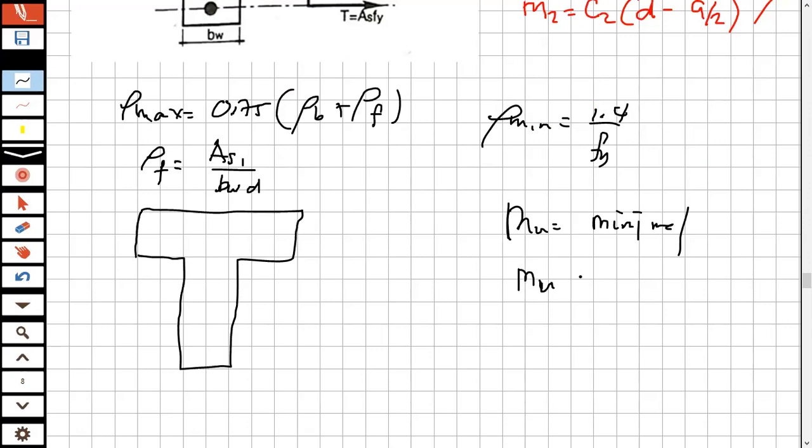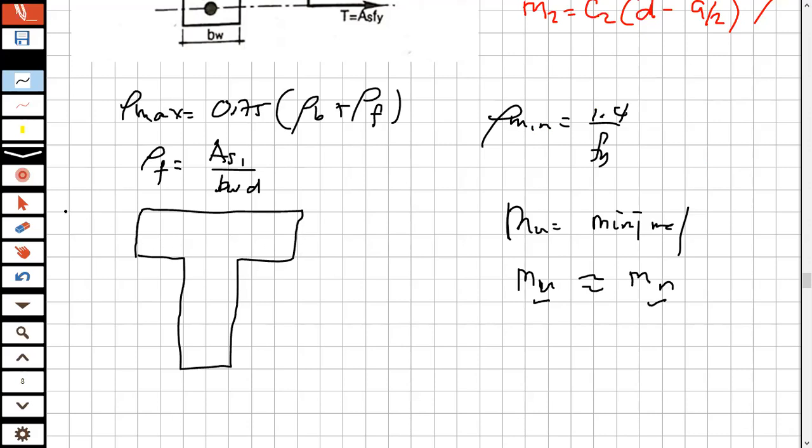Mu is directly proportional sa Mn. Pagka malaki yung Mu, malaki din yung internal moment. Pagka maliit, maliit din yung internal moment. And Mn is also proportional to a. Pagka maliit yung nominal moment, maliit din yung compression block.